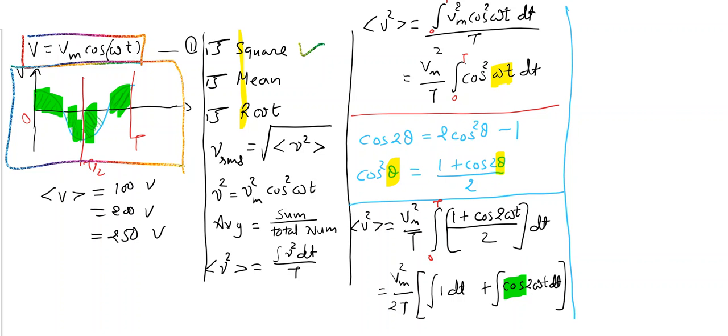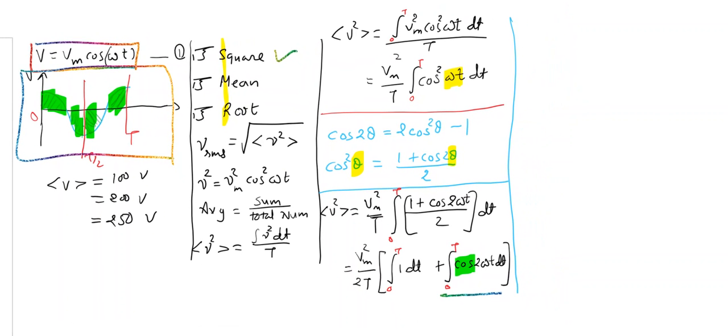And what should be the answer then? Answer has to be 0. So this integration will be reduced to 0 provided you are summing it up from 0 to capital T. Over one cycle, summation will be 0. So it's not necessary that integration of cos theta is 0 always. As we are taking integration over one cycle, it is 0 in this particular case. What about the first integration? So we'll have to deal with it.